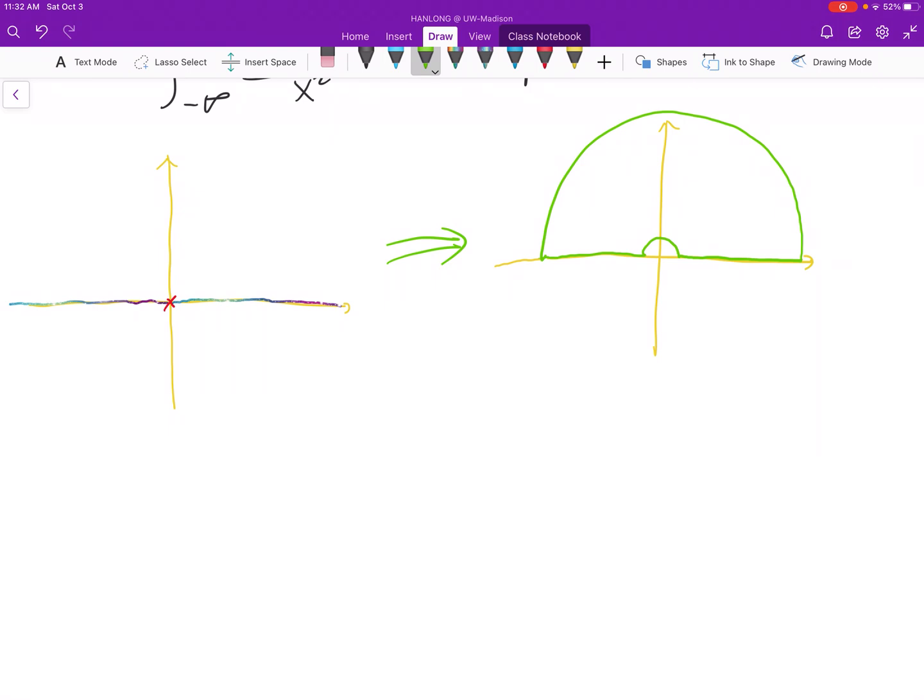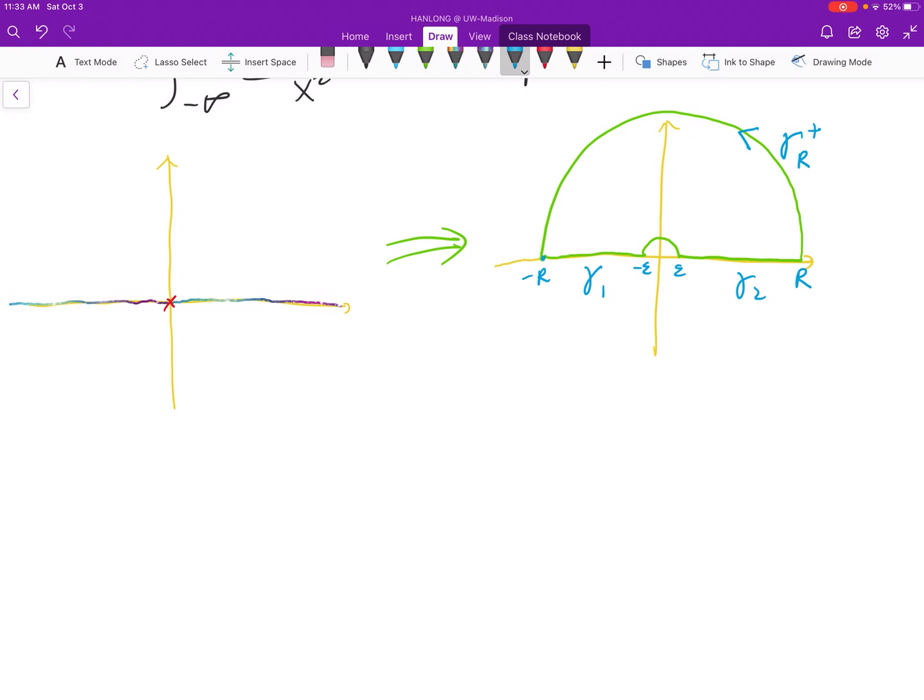Okay, and then you see what do you have? You have several parts of the loop. Gamma 1 is from negative r to negative epsilon, and gamma 2 is from epsilon to r. Both are on axes. And then gamma r plus is a hemicircle from r to negative r.